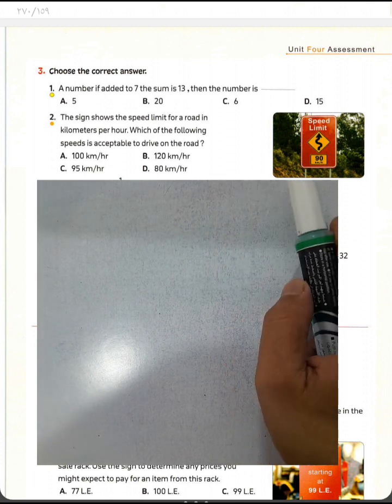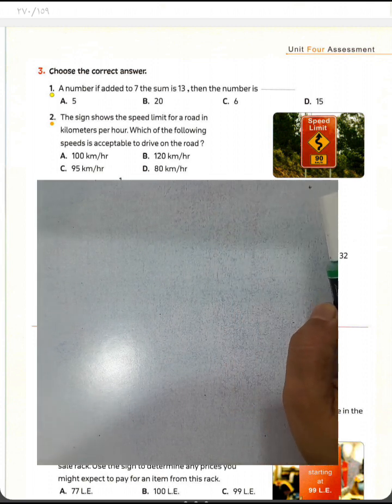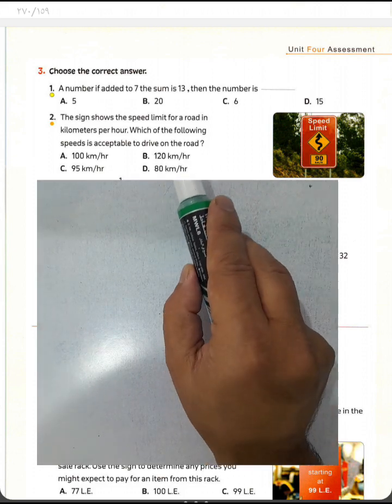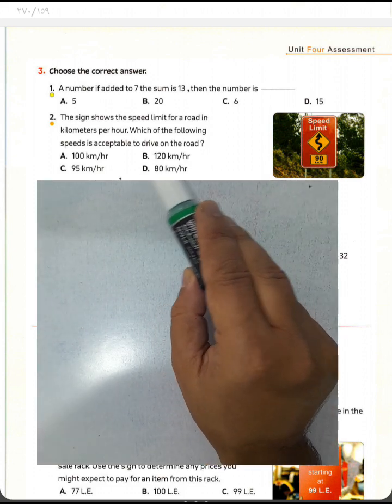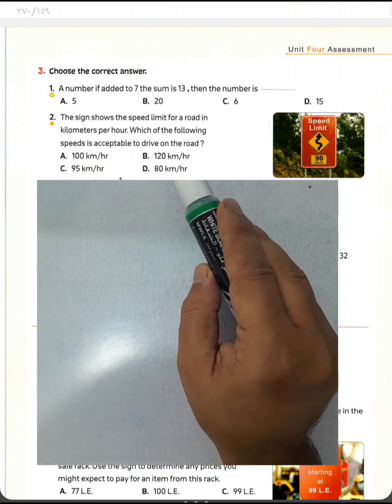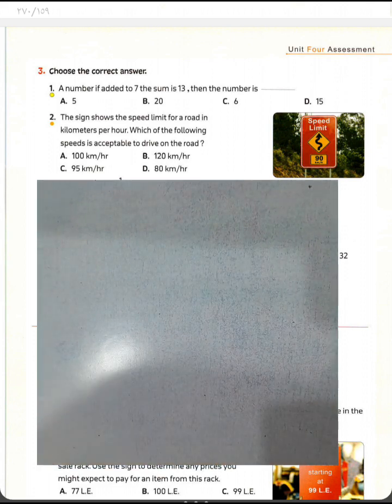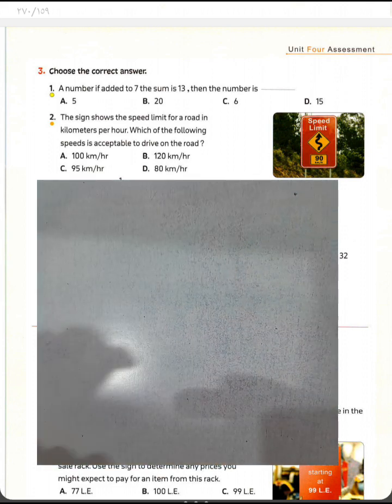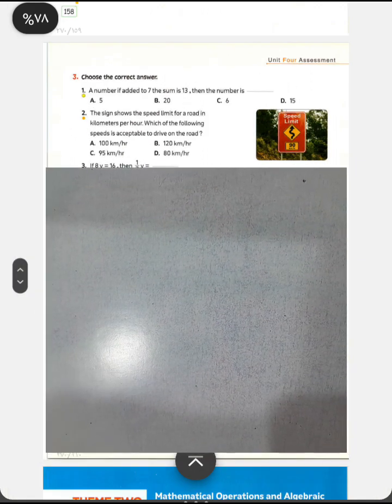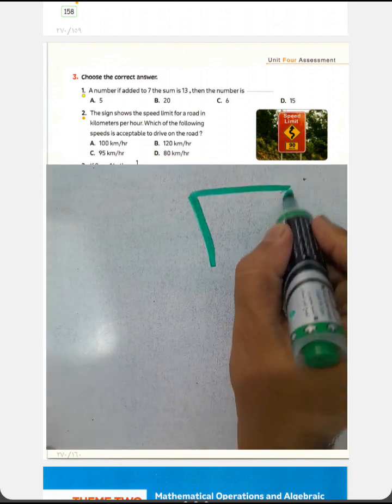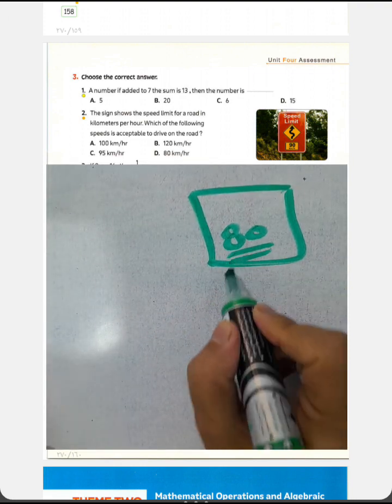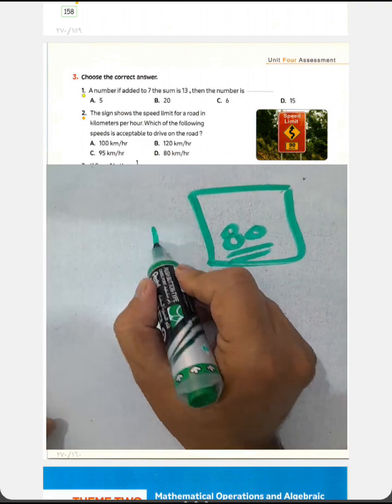Speed limit 90 kilometers. Who can tell me the result here? What do you want to find? The limit on the road in kilometers per hour. In the table, looking up here, we have 80 kilometers per hour. Then we must choose letter D.